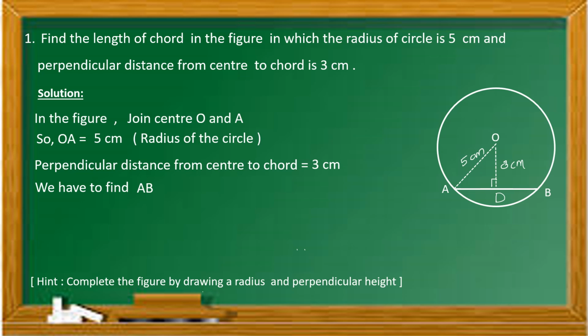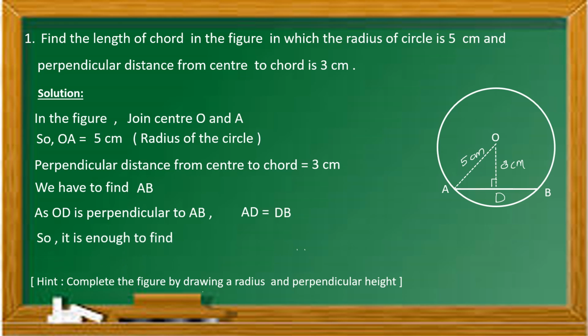See, what is the speciality of this OD and AB? Yes, OD bisects AB, isn't it? So, in order to find AB, it is enough to find which one? AD, isn't it? As OD is perpendicular to AB, we know AD will be equal to DB.